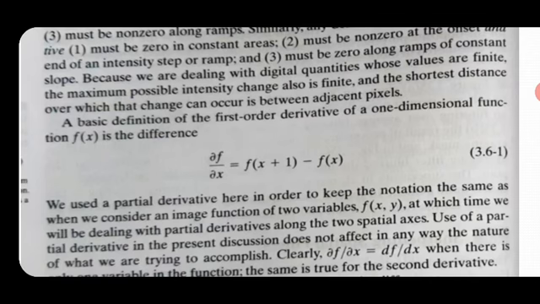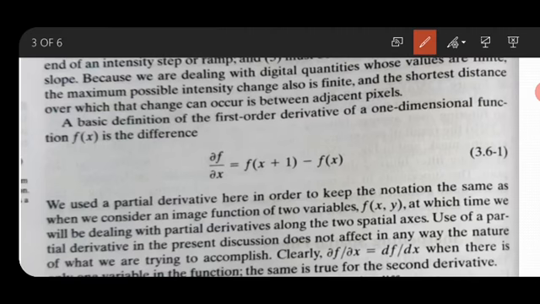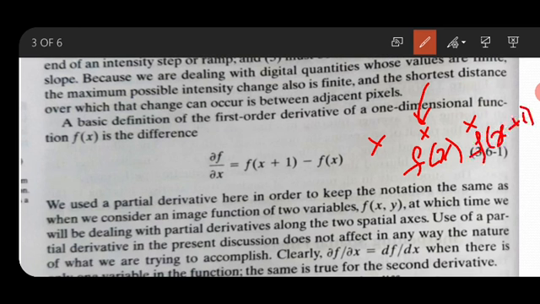I hope you understood. Let us assume that I have a pixel here, a second pixel and a third pixel, like this. If this is f(x), the current pixel, then this is f(x+1).